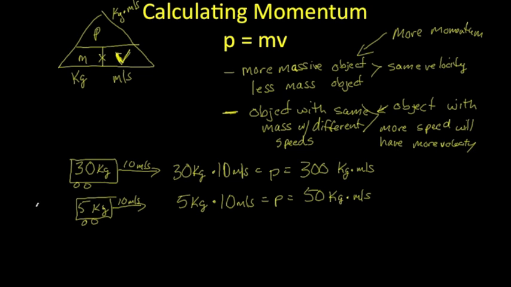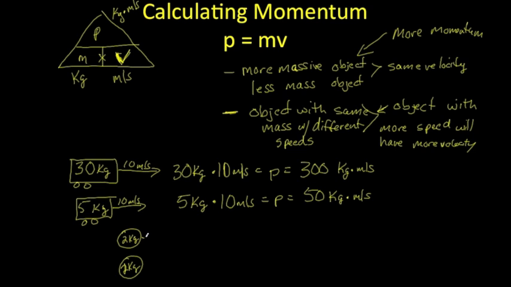Okay? Now, likewise, let's say you have two objects that are the same mass. So let's talk about a 2 kilogram bowling ball. I'm not really sure what bowling balls' masses actually are, but we're just going to go with that.